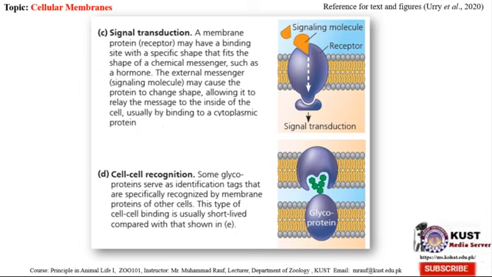It is important, for example, in the sorting of cells into tissues and organs in an animal embryo, because a tissue is the aggregation of similar cells. So how will these similar cells identify and recognize each other? For that purpose they need to have some kind of mechanism which helps them in recognition.